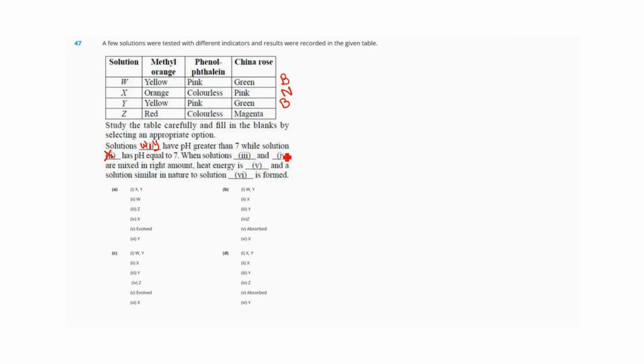When solutions 3 and 4 are mixed in the right amount, 3 will be basic. It can be W or it can be Y, and 4 is acidic. Red, colorless, magenta. This is acidic. So I'll just write Y here, and Z here.